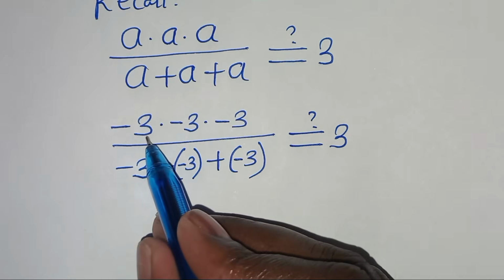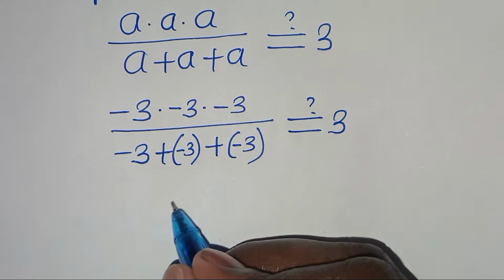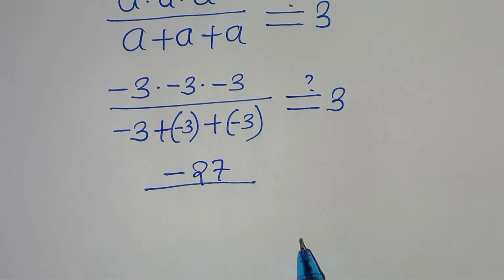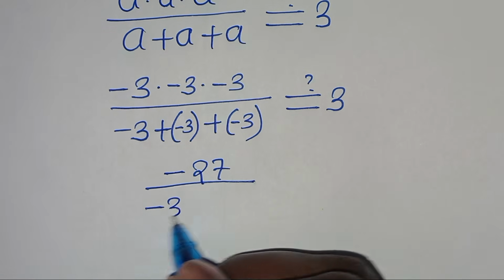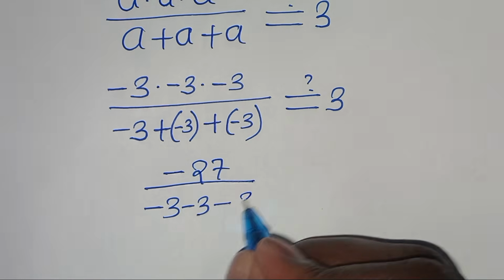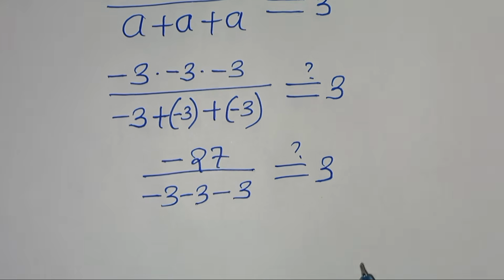Now, minus 3 times minus 3 is 9, times minus 3 is minus 27.